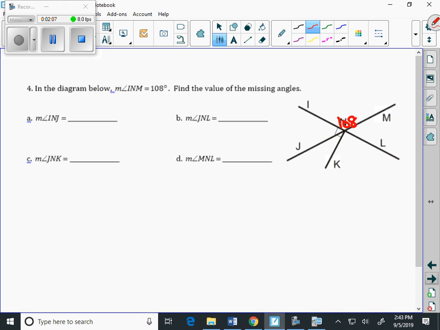So then what we want to do is find the values of some other angles. I might not go in order over here on our A, B, C, D.